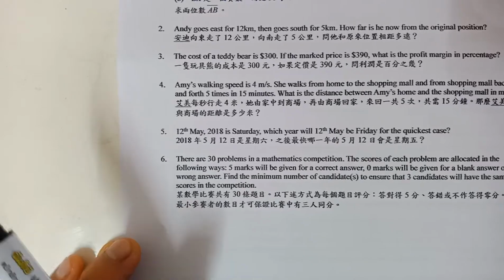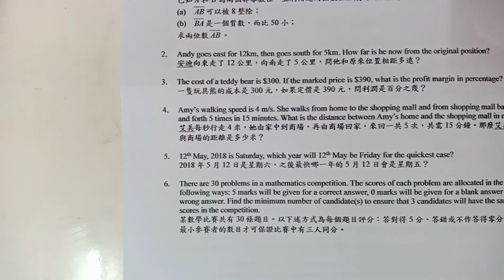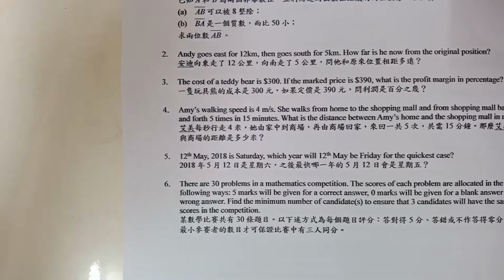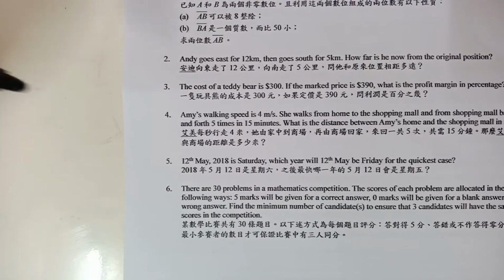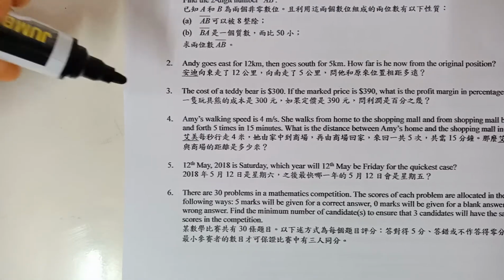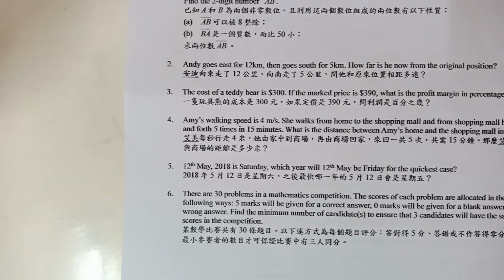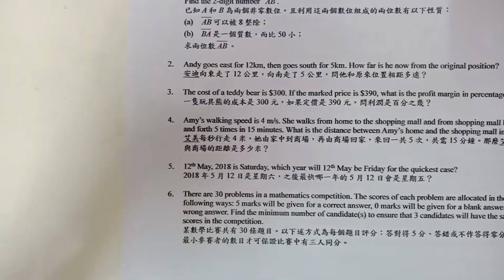Amy's speed is 4 meters per second. She walks from home to the shopping mall back and forth 5 times. She walks 5 times back and forth. It means she walks a total of 10 home to shopping mall or shopping mall to home distances.